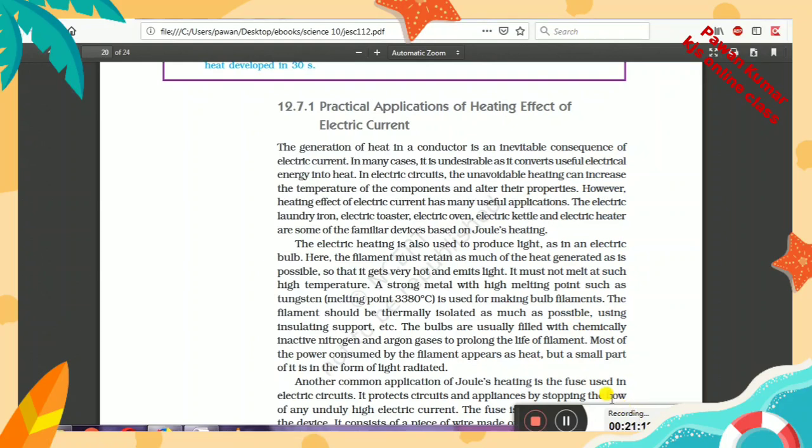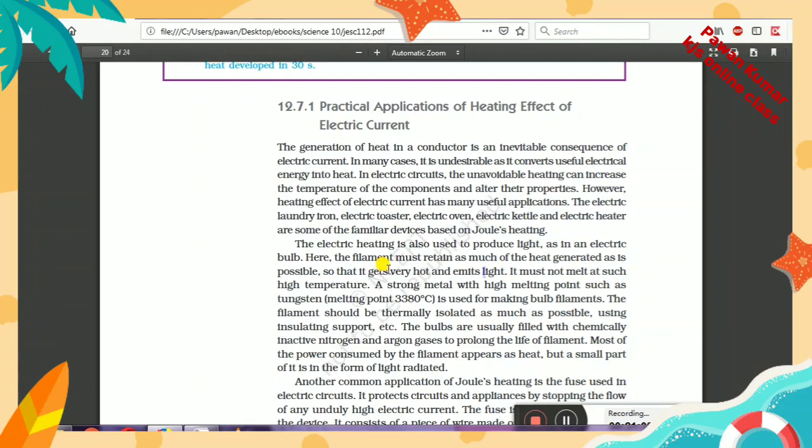We are using an electric iron, electric toaster, electric heater. So these are all practical applications. You can see here electric laundry iron, electric toaster, electric oven, electric kettle, electric heater. These all are practical applications of Joule's law of heating, or you can say the heating effect of electric current.